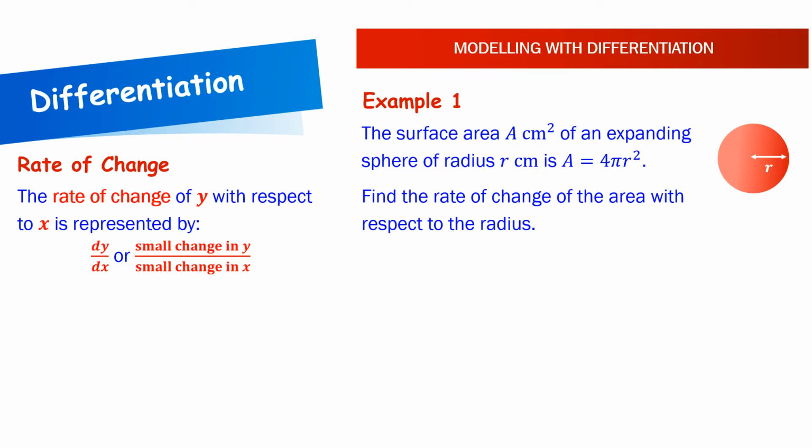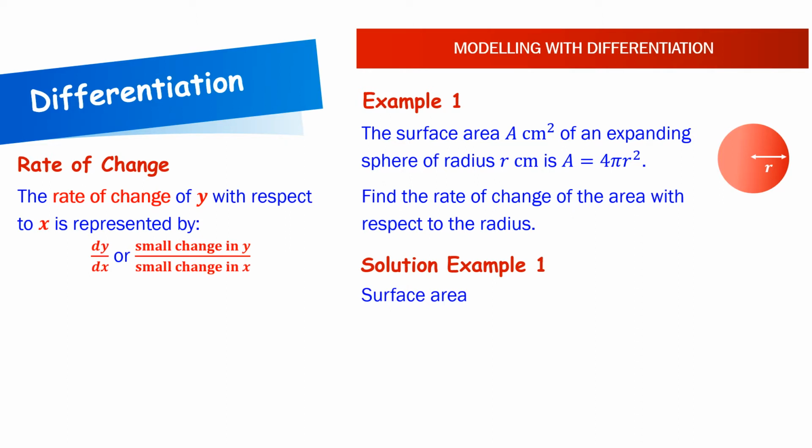The surface area A centimeters squared of an expanding sphere of radius r centimeters is A equals 4 pi r squared. Find the rate of change of the area with respect to the radius. Let's try solving this.